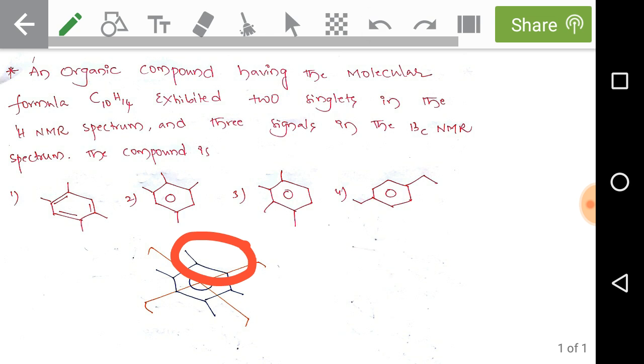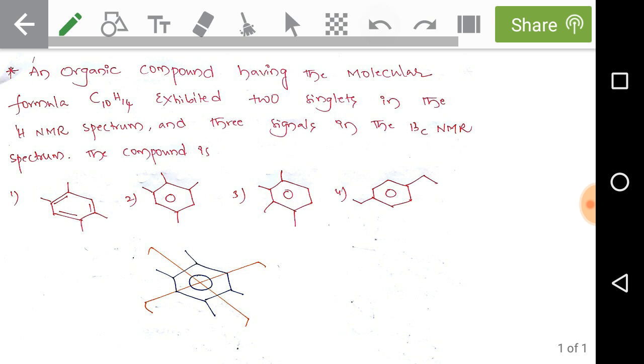If you look at the HNMR signals, here we have one hydrogen and here the CH3 carbon contains 3 hydrogens, for that methyl group. So a total of 2 signals appear in the HNMR spectrum for this molecule, because at this carbon we are connected with a methyl carbon, that's why there is no hydrogen for it.